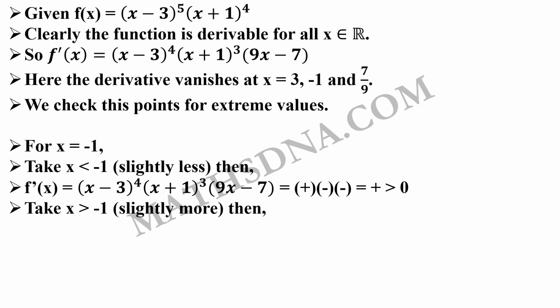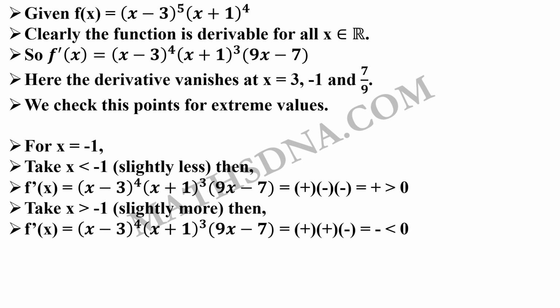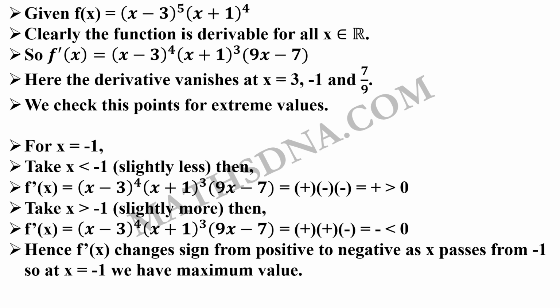Similarly, if we take x greater than minus 1, the derivative's sign is negative. So we can clearly observe that the sign changes from positive to negative as x passes through minus 1, and so x equals minus 1 will be a maximum value. So option A is correct.